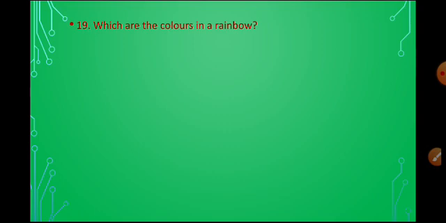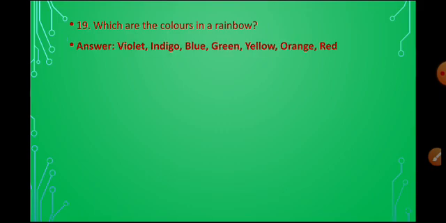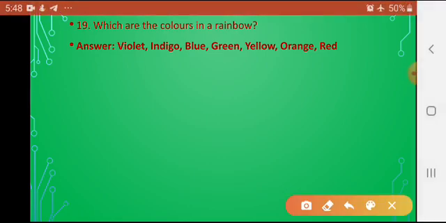How many colors are in a rainbow, and which are the colors in a rainbow? So in a rainbow there are 7 colors, and the names of the colors are violet, indigo, blue, green, yellow, orange and red. If you want to remember the names of the colors, you can form a technique in a short form.